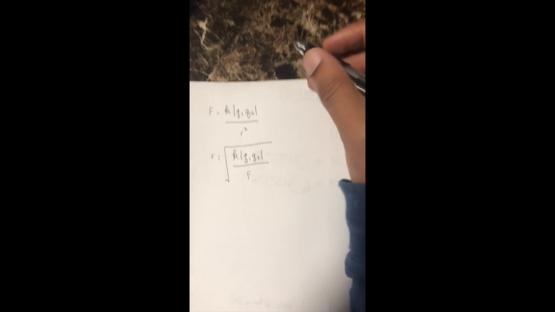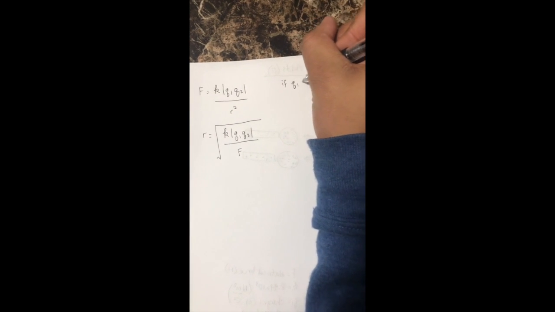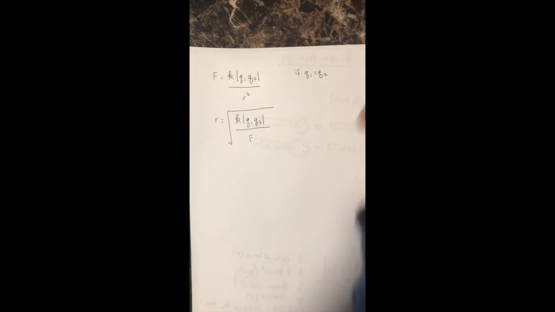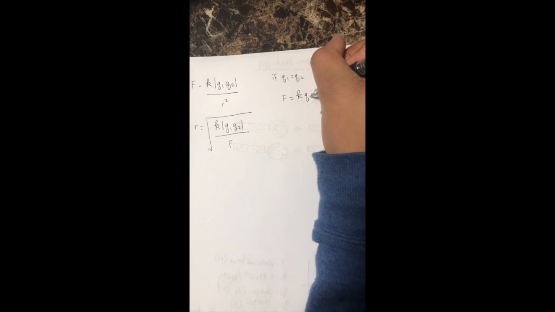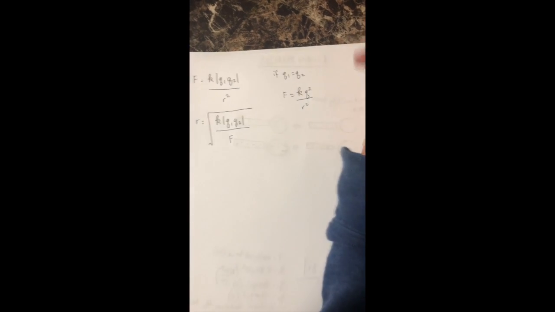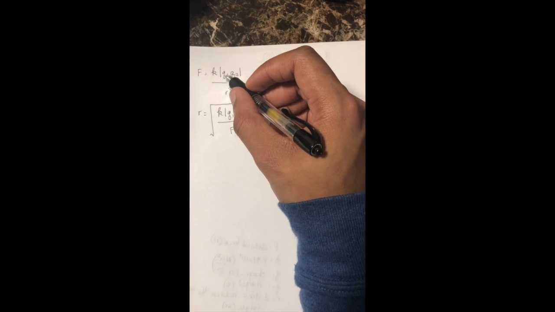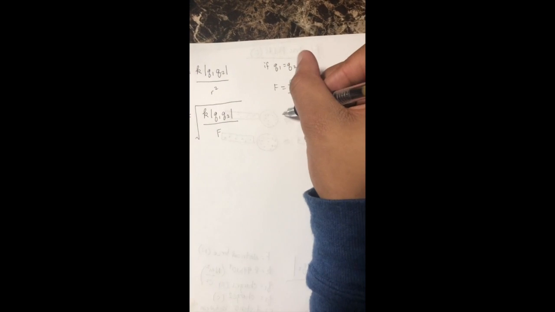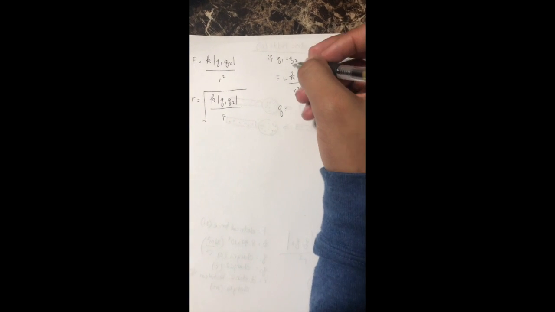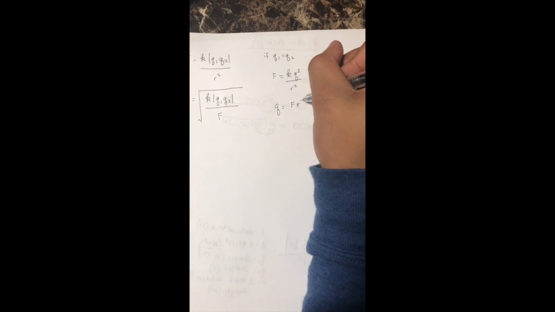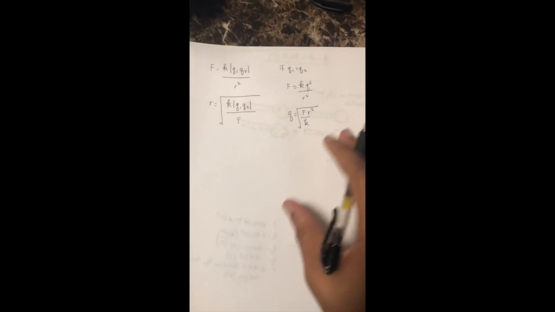In addition, if I wanted to find the two charges and they're the same, I can rewrite this as F is equal to K Q squared divided by R squared. If they're the same, because Q2 is Q1 or Q1 is Q2, so I can just write Q squared. And then if I want to find the value of that charge, it would be this equation.